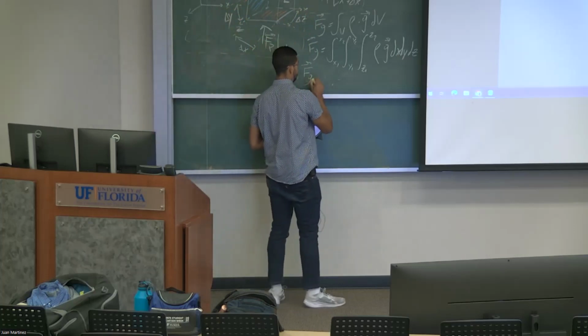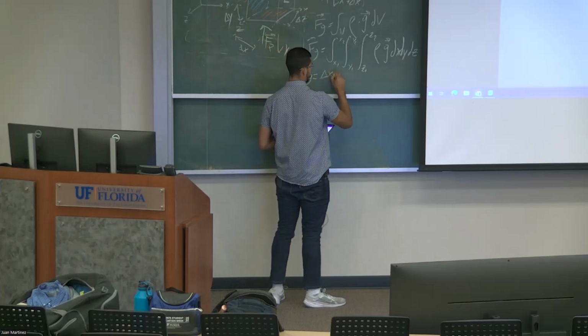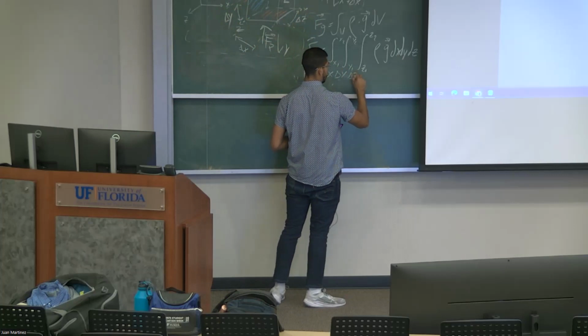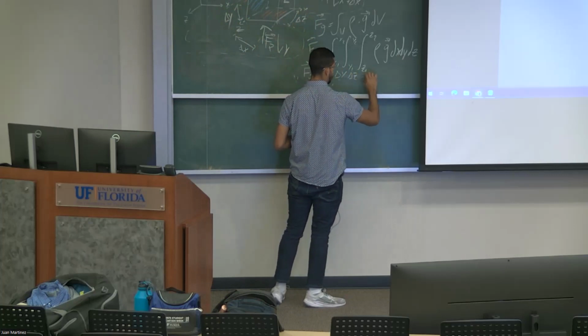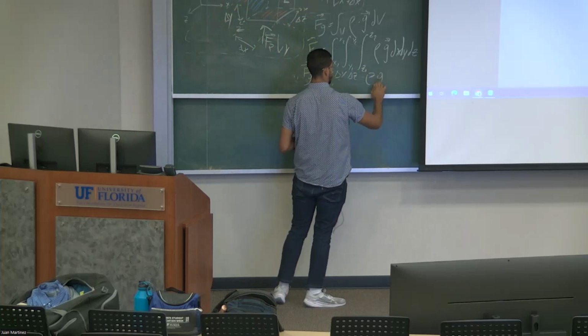So the force of gravity then will be delta x times delta y times delta z multiplied by rho and the vector.